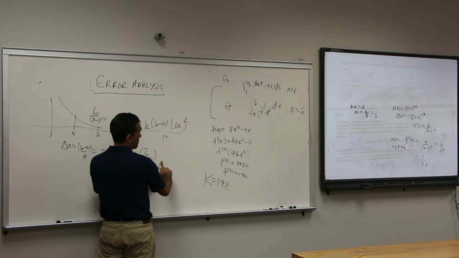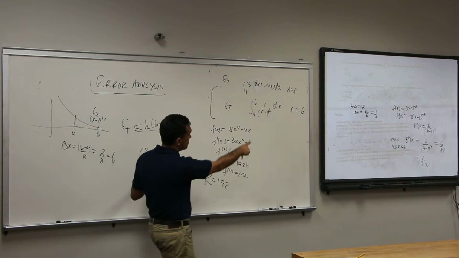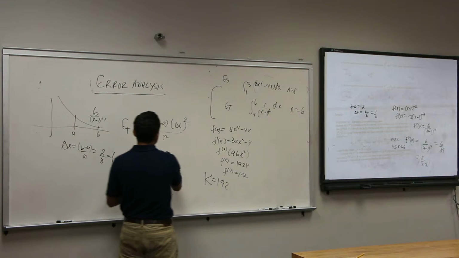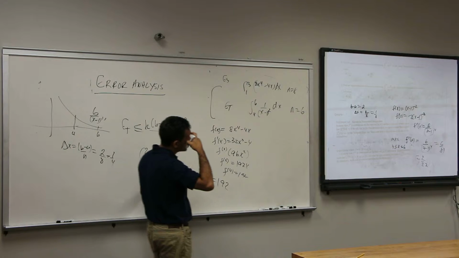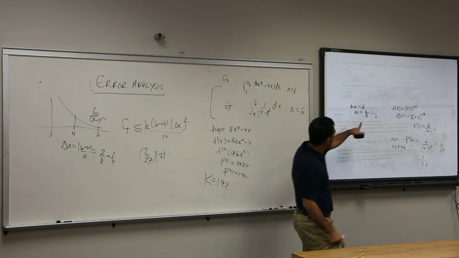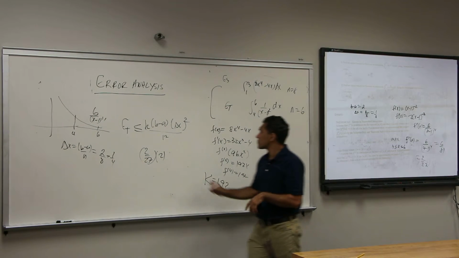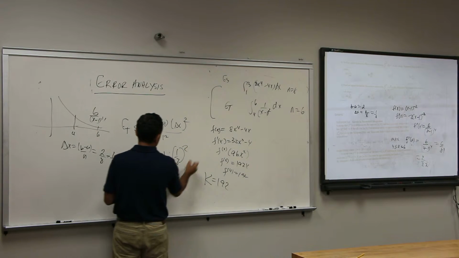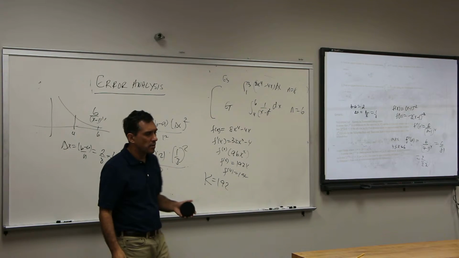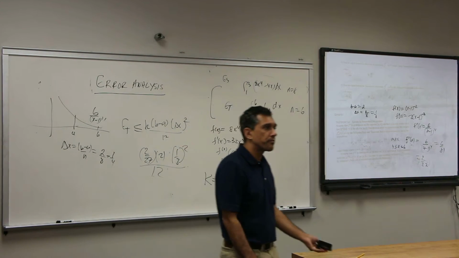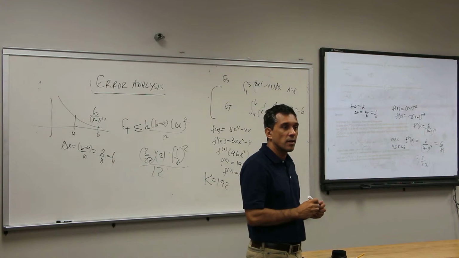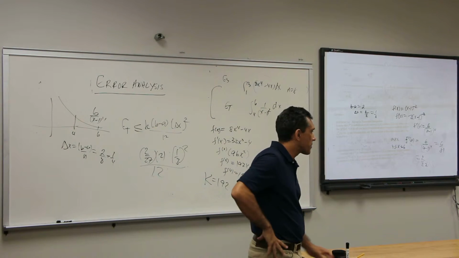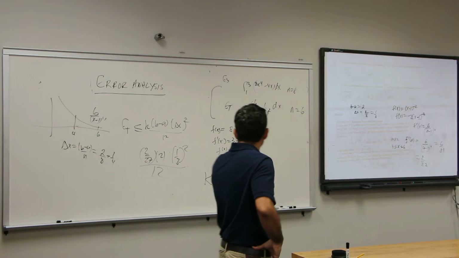And what is b minus a? 2. What is delta x? 1/3. And divide. So my error is no more than this.